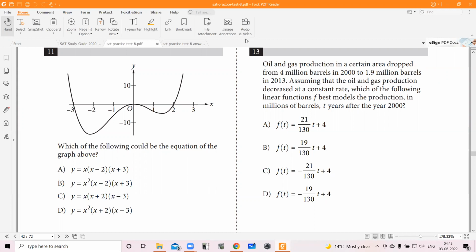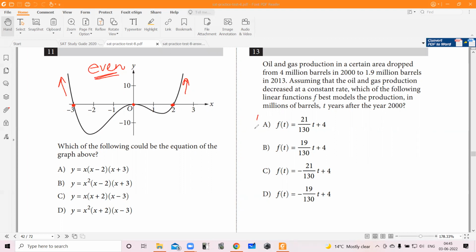How do you know? Well, because when y is equal to x, that means x is 0. And then x minus 2 is actually x is equal to 2. And then x plus 3 is x equals minus 3. And one more thing I have told you: if you're looking at the ends, the tails, when the tails are on the same side, then the total power is even.